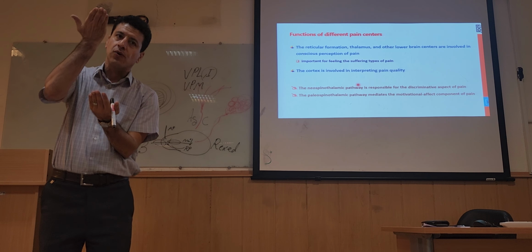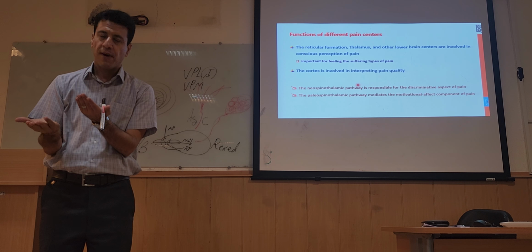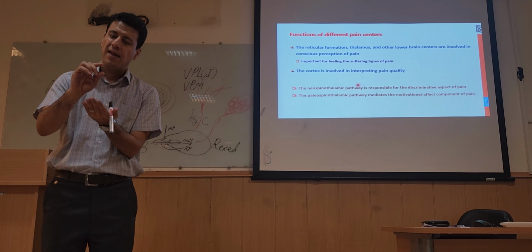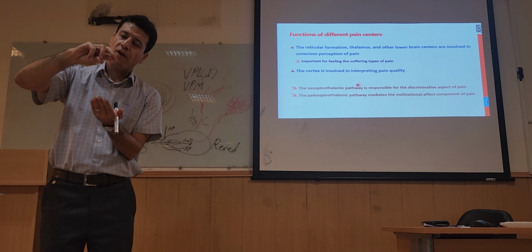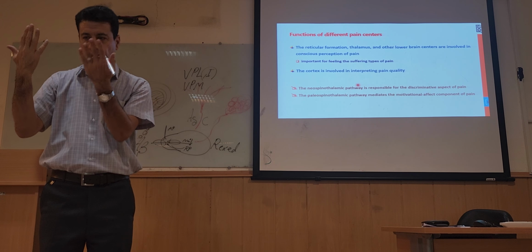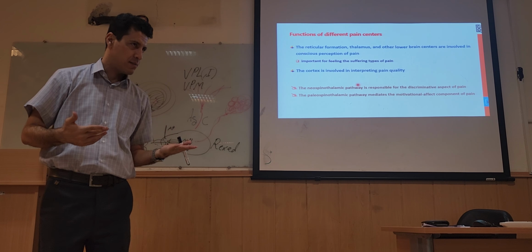The neospinothalamic tract reaches the cortex. The paleospinothalamic tract mainly goes to the reticular formation and thalamus. Some of them also go from the thalamus to the cortex, a few of them. What is the importance of the cortex for pain?